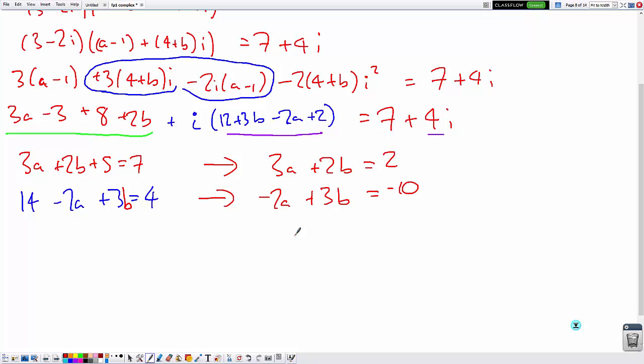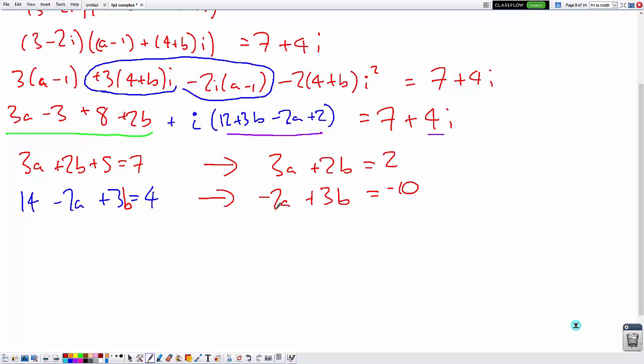Alright, I'm going to skip ahead a little bit. I'm not going to do the whole simultaneous equations. It's something you should be comfortable with. You should have done this plenty of times. If you look at your notes and Integral, they actually do the working out. So I'm just checking my numbers. 3a plus 2b equals 2, minus 2a plus 3b equals minus 10.